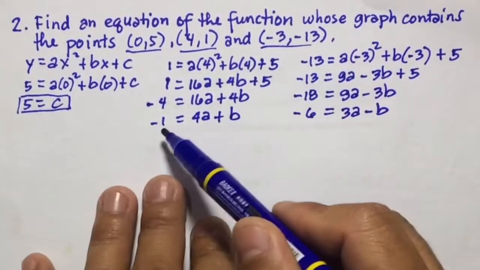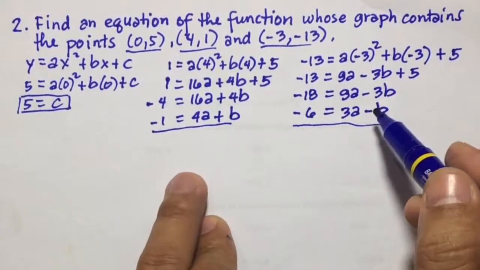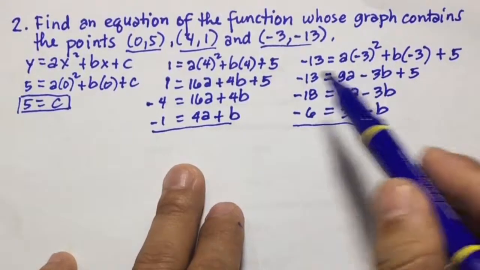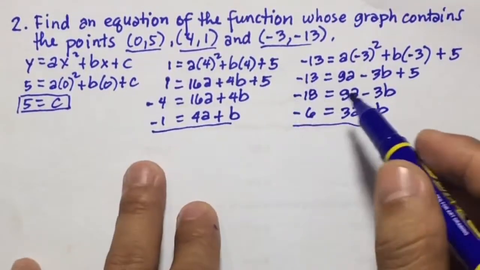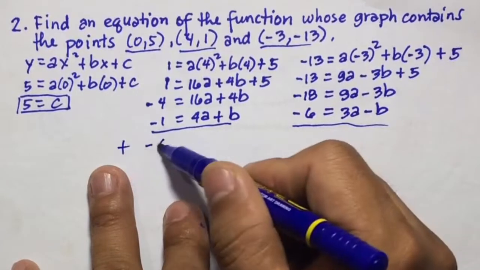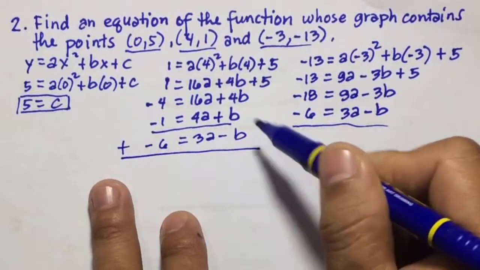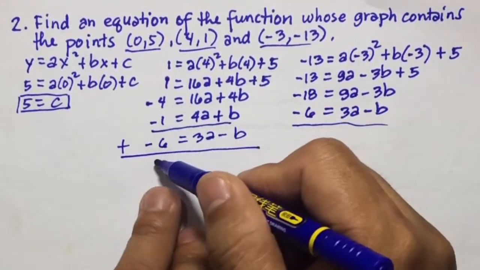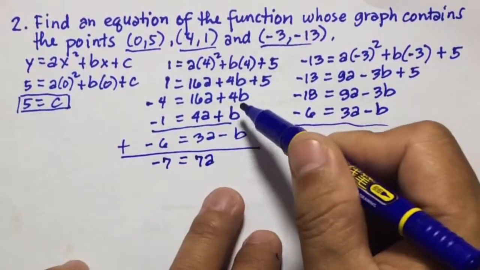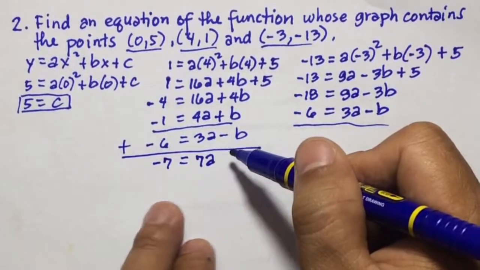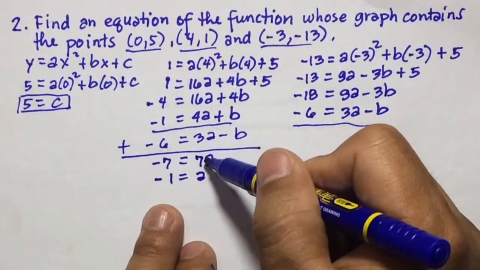And looking at these two equations, we can simply eliminate b by adding the two. So adding negative 1 equals 4a plus b, and negative 6 equals 3a minus b, we have negative 1 minus 6 is negative 7, and 4a plus 3a is 7a, then b minus b is 0. So a will be equal to negative 7 divided by 7, which is negative 1.